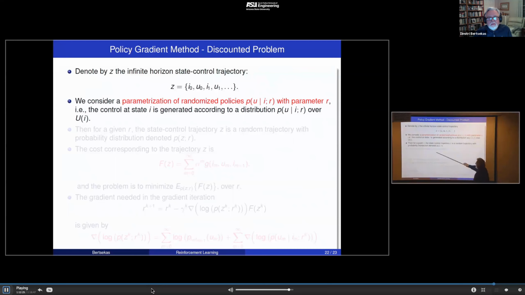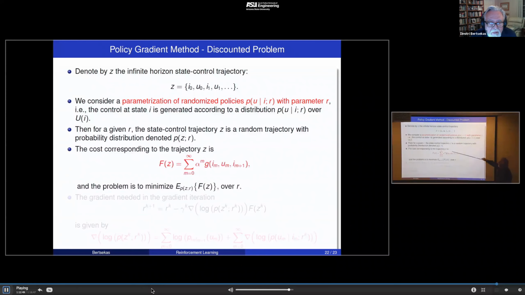So this is our parameterized randomized policy. And then for a given R, the state control trajectory is a random trajectory with well-defined probability distribution, which we denote by P. Okay? So remember, we have the random variable Z, the probability distribution that's parameterized by R, and samples of Z are generated by this probability distribution.